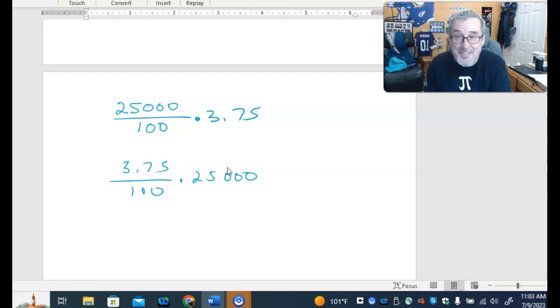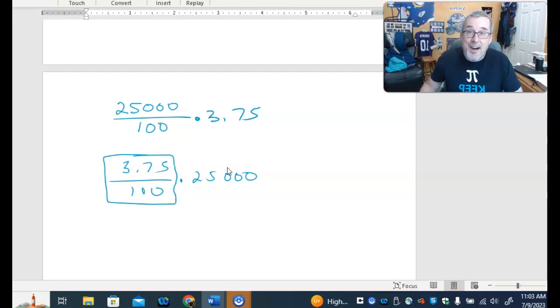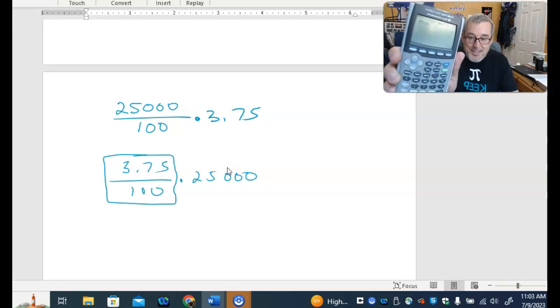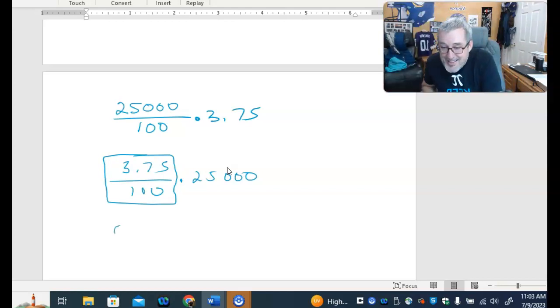You can do that equivalently, but what I want you to connect to is this: what happens when you take 3.75 divided by 100? It's 0.0375. That's the moving the decimal two places to the left.